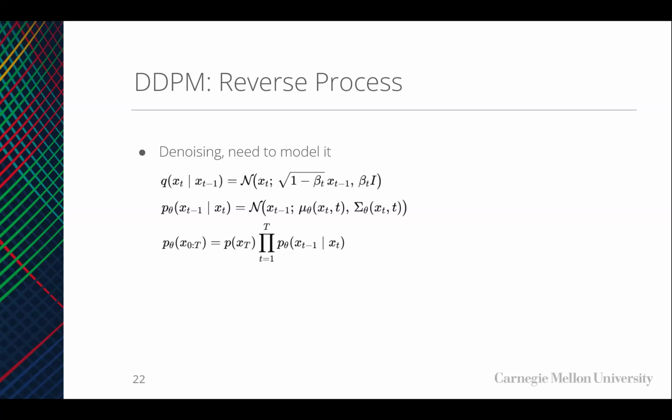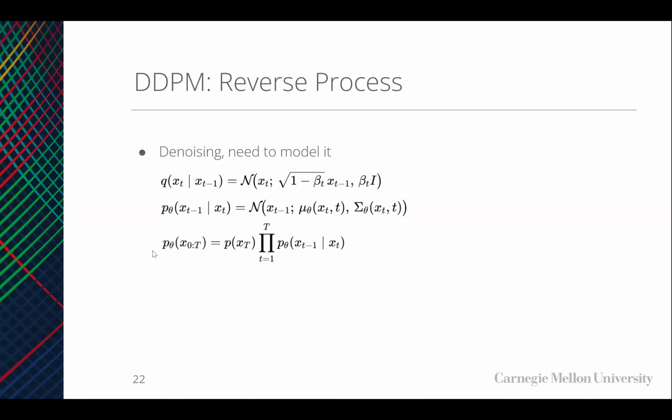We're just going to model the variance and the mean of this distribution. And I think in practice the vanilla DDPM doesn't really model the variance. It only models the mean, but the theory is the same either way.